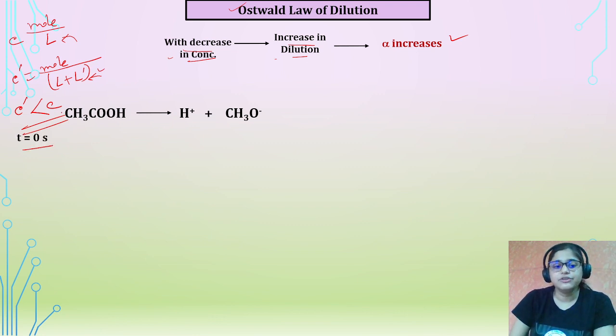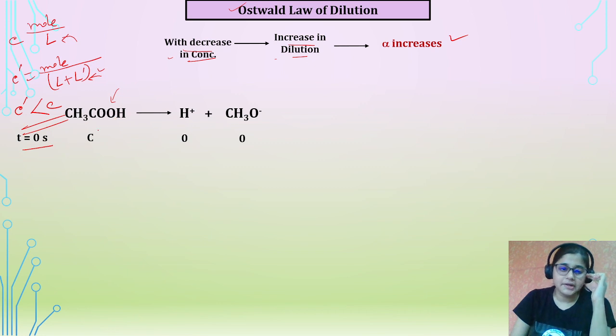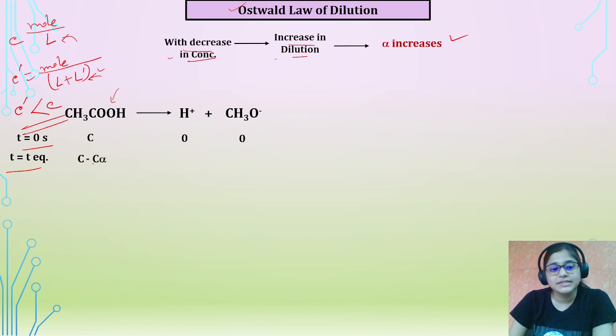At t equal to 0 seconds, let's say C moles, or C concentration, of the reactant is taken. At t equal to 0, the products, the ions, will be 0. And at t equal to t equilibrium, the reactant will be C minus C alpha.